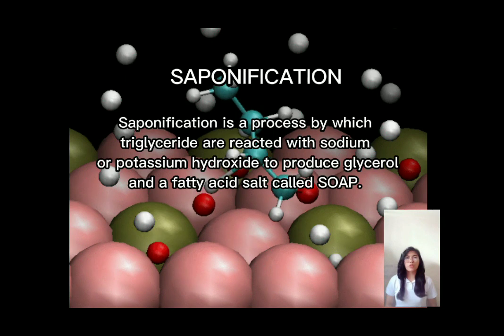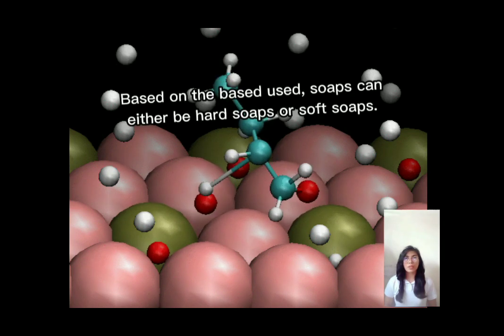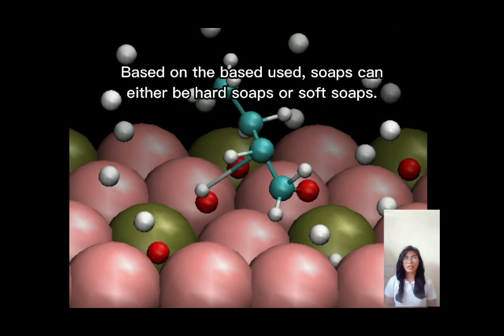Saponification. Saponification is a process by which triglycerides are reacted with sodium or potassium hydroxide to produce glycerol and a fatty acid salt called soap. The glycerides are most often animal fats or vegetable oils. When sodium hydroxide is used, a hard soap is produced; using potassium hydroxide results in a soft soap. Based on the base used, soap can either be hard soap or soft soap.